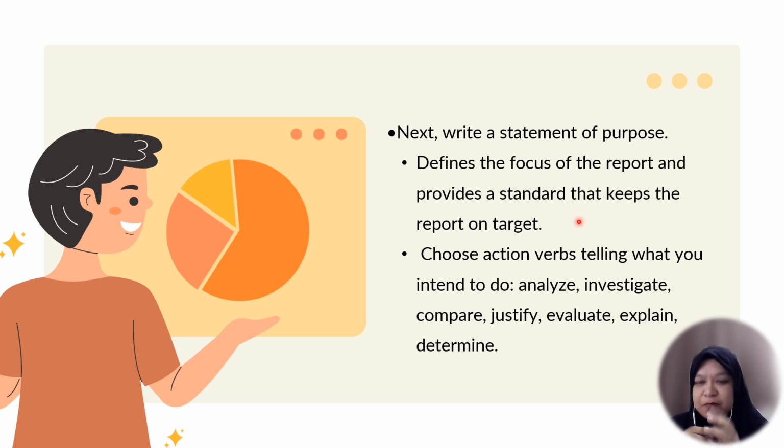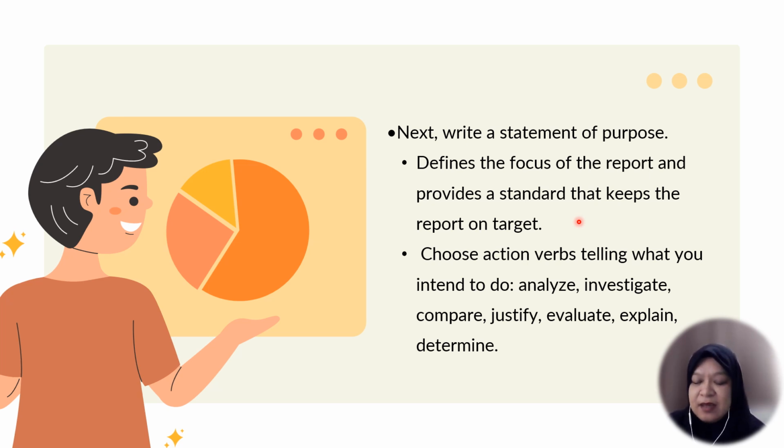Make sure that the report is not too broad, so you need to have a specific area to focus on because of the limitations. For example, you don't have enough time to study everything about the population of students at a university, relating to their problems, for example, in terms of facilities.